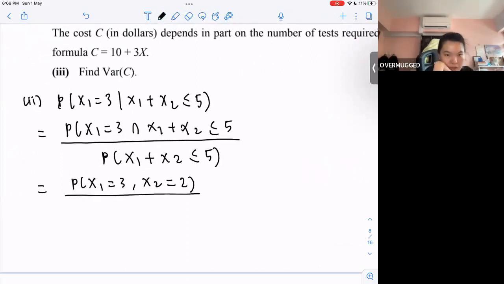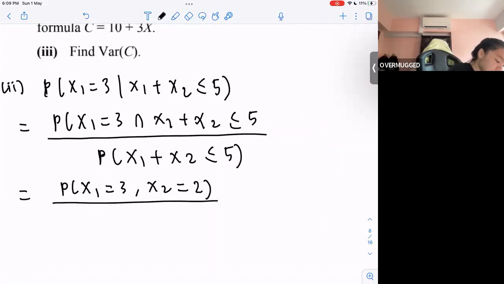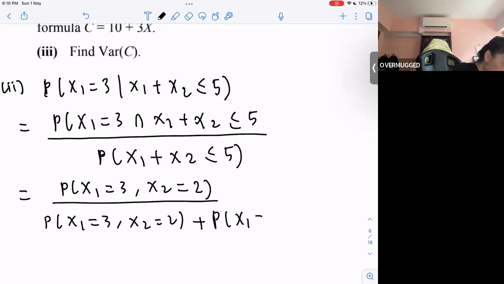Now this part, x1 plus x2 less than or equal to 5, I need to analyze, right? It's either I get probability of x1 being 3, x2 being 2, or it can be probability of x1 being 2, x2 being 3, right? So you add them together is equal to 5. Or it can be what?